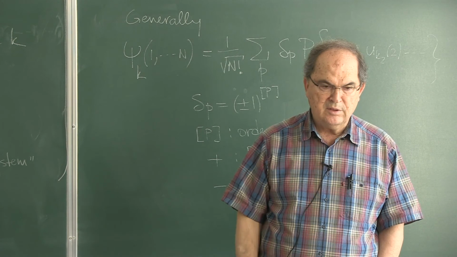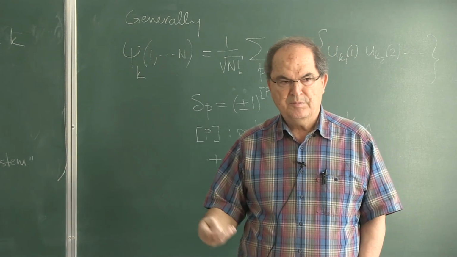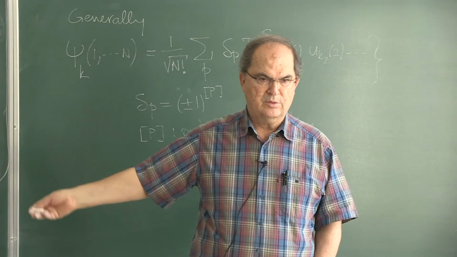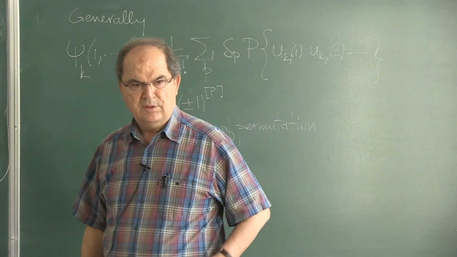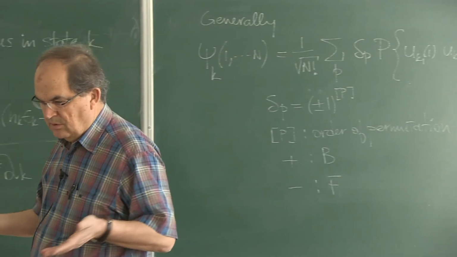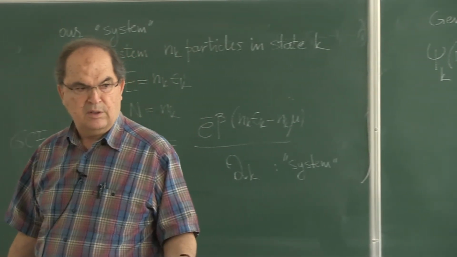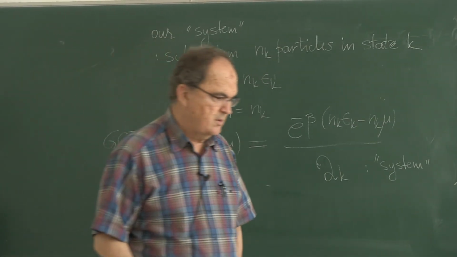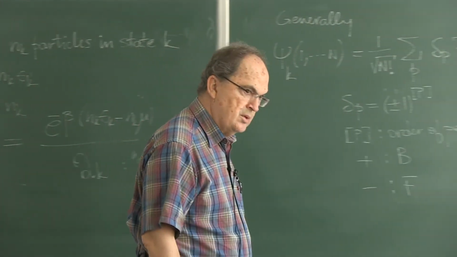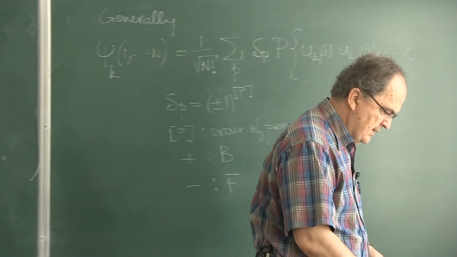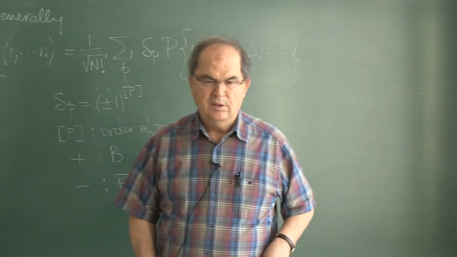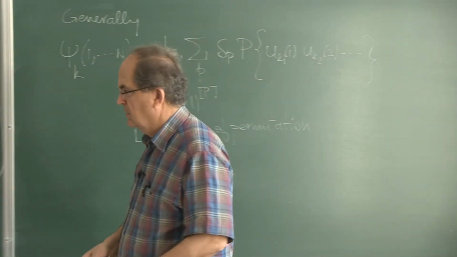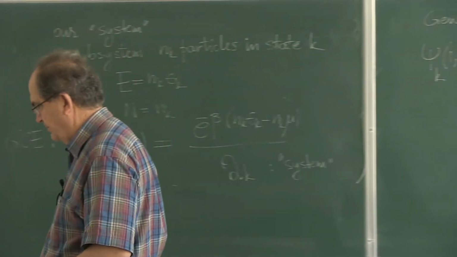So the particle number will not be kept constant in those states. If the particle number is variable, then normally it is the grand canonical ensemble, isn't it? So that's why I'm choosing the grand canonical ensemble, and it is easy to do this calculation in that ensemble, as I'm going to show you.